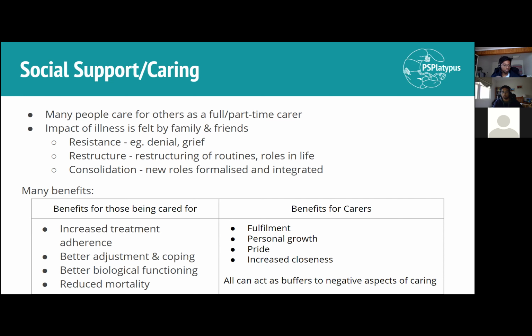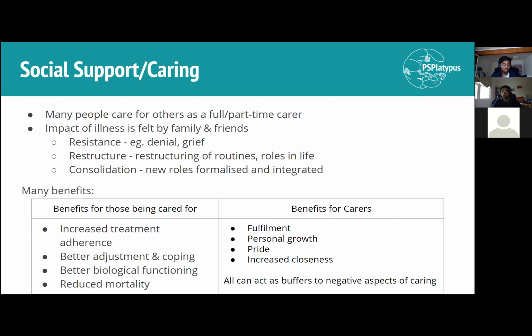So firstly, there's resistance, that's denial and grief. There's restructuring, so restructuring routines and roles in life, and consolidation, which is the restructured roles being consolidated and formalized. But that is super relevant when suddenly someone becomes a carer for someone, their new role in life.